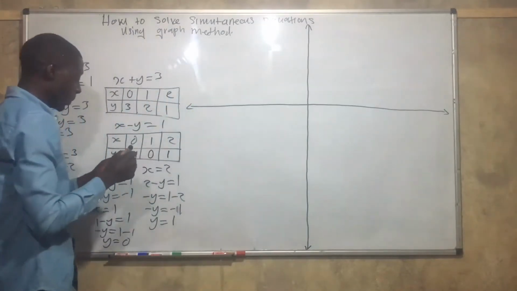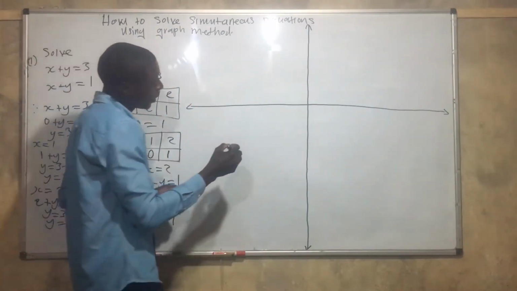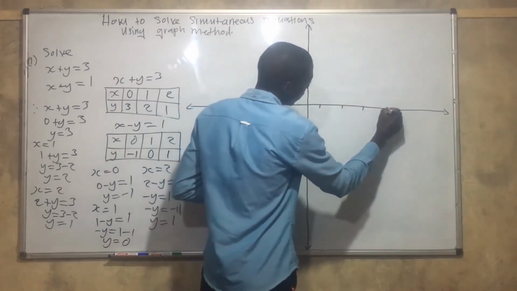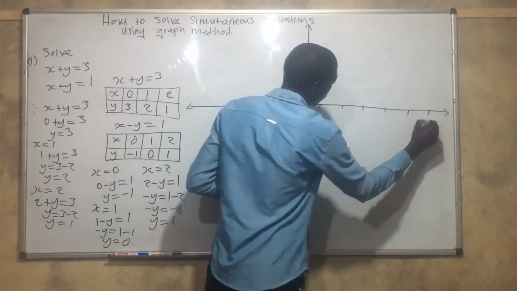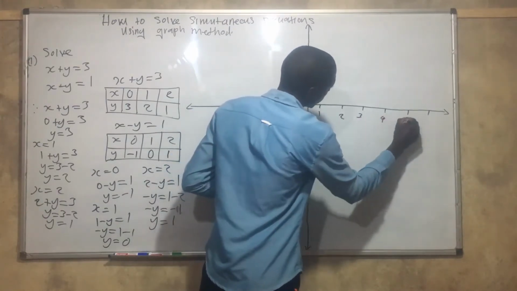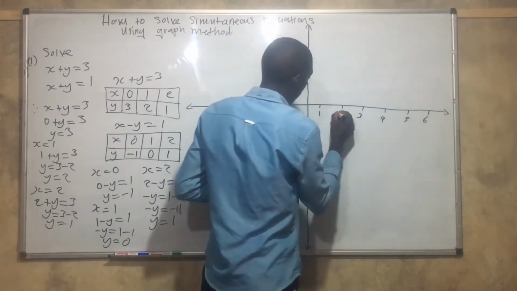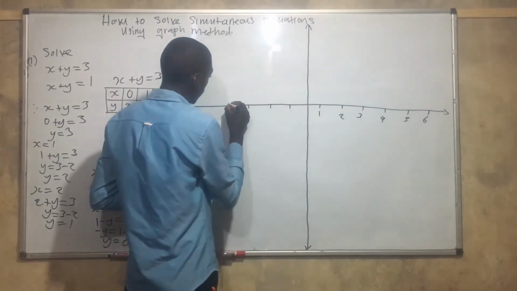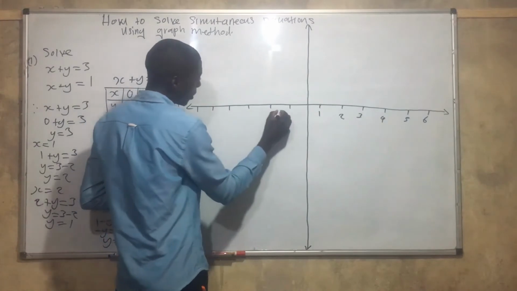We are going to write the numbers, the positive and the negative, which will be 1, 2, 3, 4, 5, 6 being the positive, then 1, 2, 3, 5, 6.